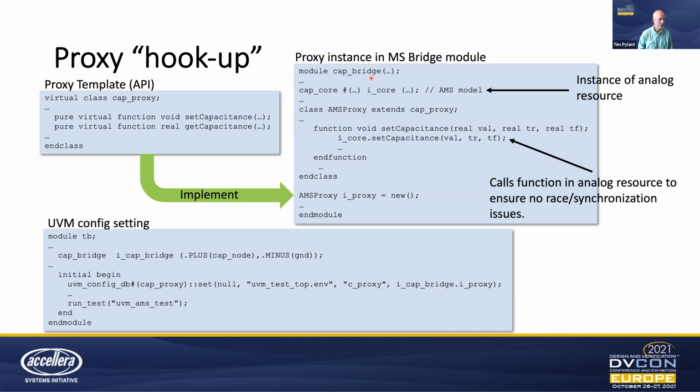So the CAP bridge is our MS bridge. Again, we have our resource, our proxy, and then we construct the proxy. And then in our test bench, we instantiate the bridge because it needs to be within a module in order to have that continuous behavior. And then you can use a config to pass the proxy, and then you start up your test just like normal for a UVC.